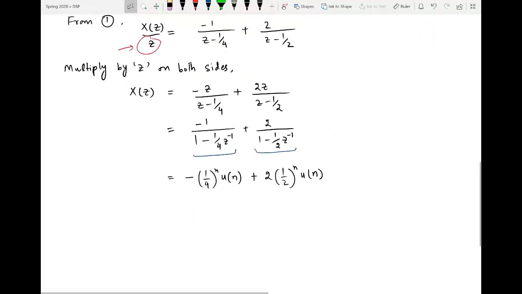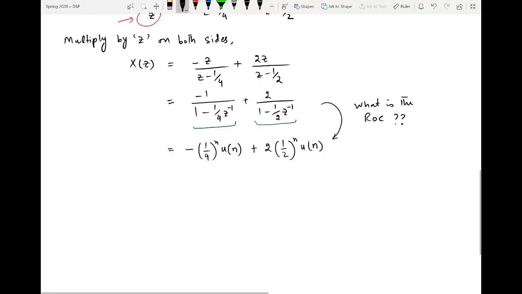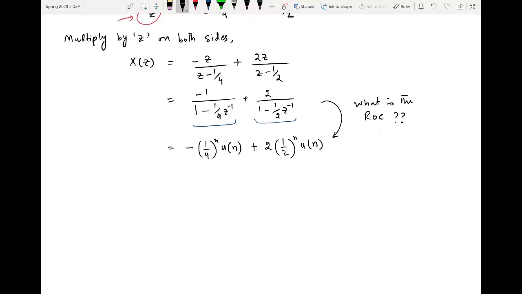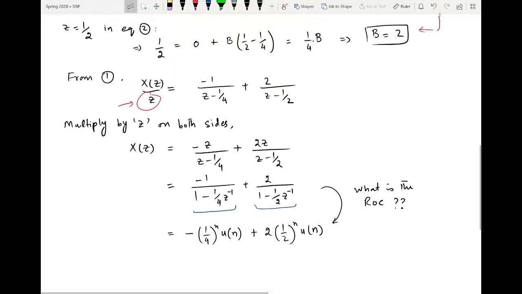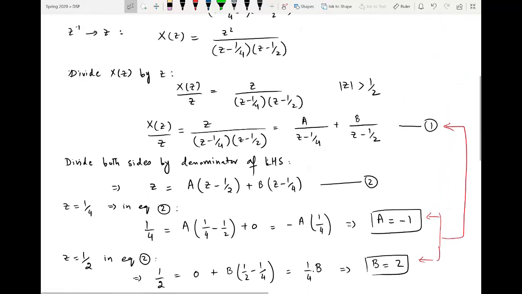Now see, to write this by the inspection method we need to know what the ROC is, because this is a very important thing. If I have written it in this form, it must be assumed that both the poles, 1/4 and 1/2, are right sided. So we need to check the ROC which was given to us in the expression of X of z. If we go upwards and see, this was the ROC, and this ROC means it is outward from the outermost pole which is 1/2.